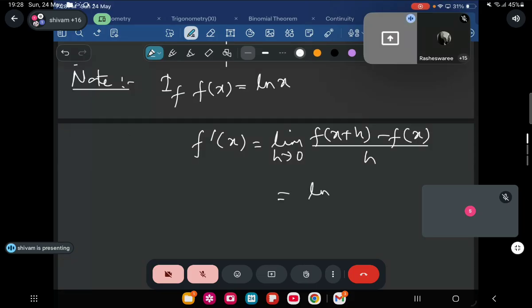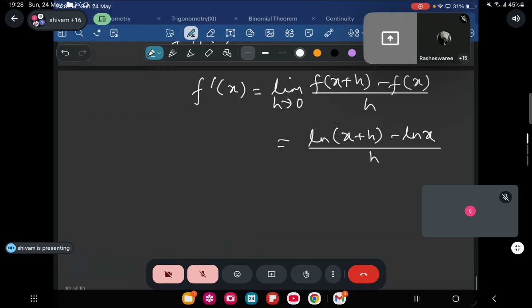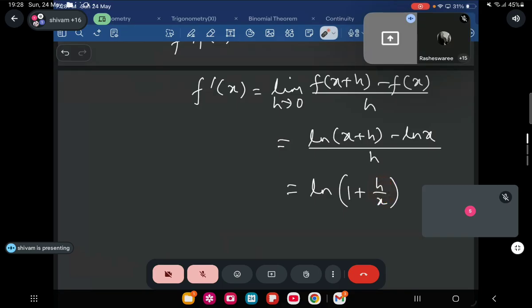So this will become ln of x plus h minus ln x upon h. What is ln a minus ln b? Ln of a by b. So this will become ln of x plus h by x, that is ln of 1 plus h by x. Now as h tends to 0, this argument is tending to 0.